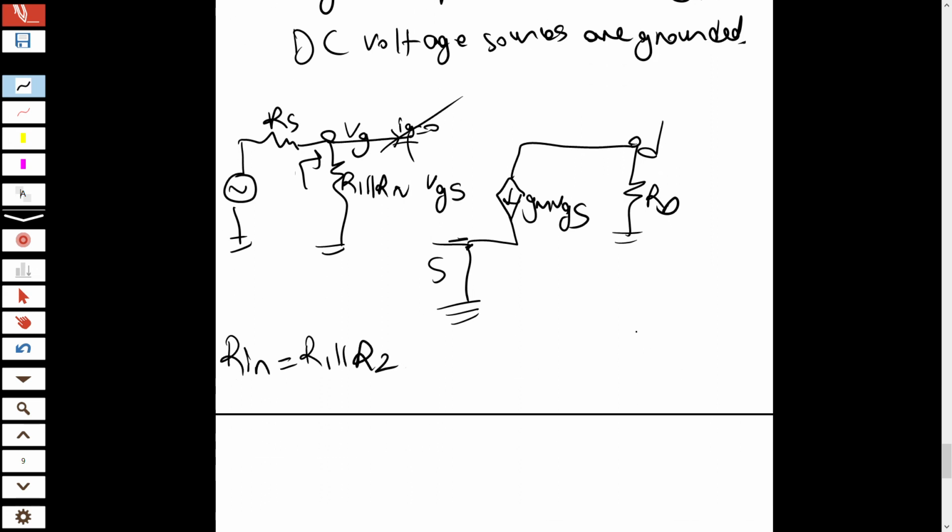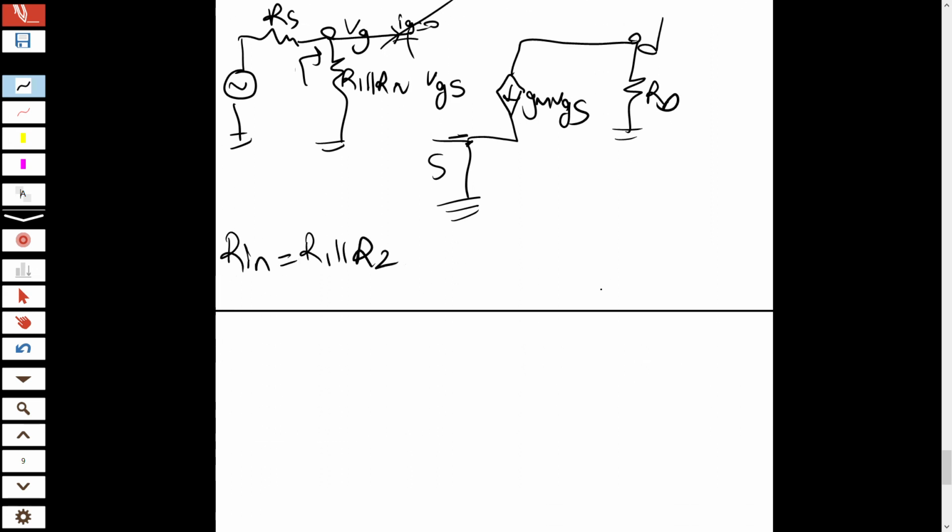So what is my output resistance? For output resistance, we make the V input voltage source short-circuited, and then there is RS, and then there is R1 parallel R2. These are short-circuited, so there will be no current passing through this side.